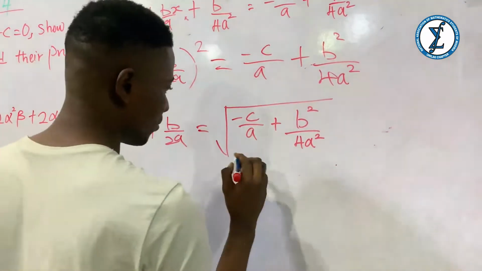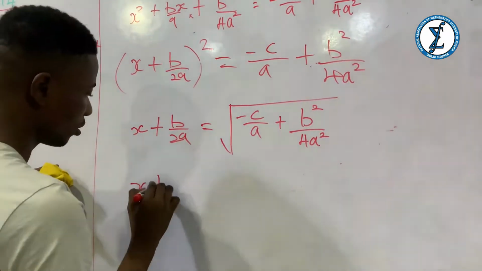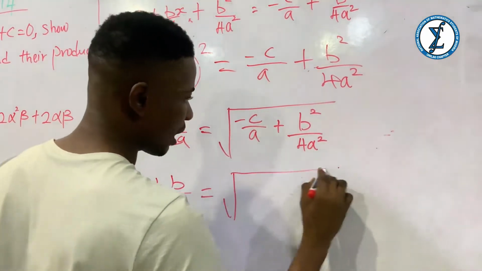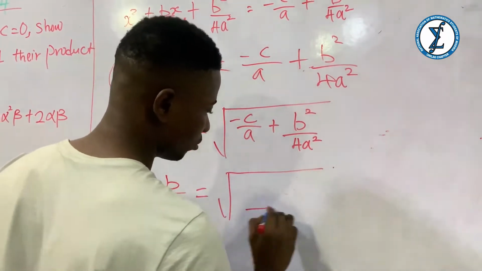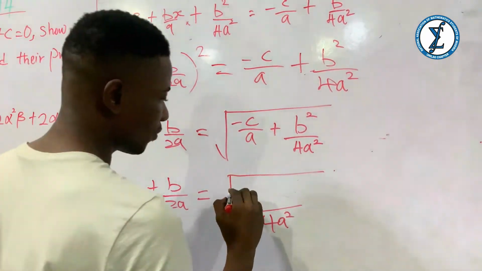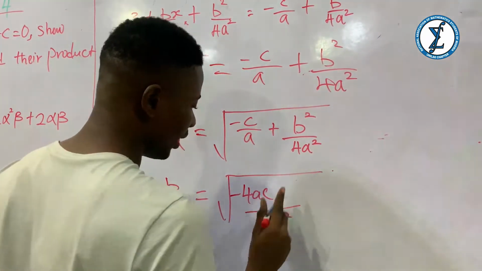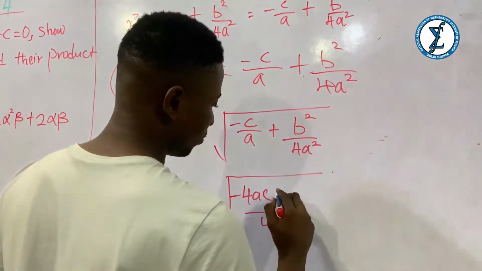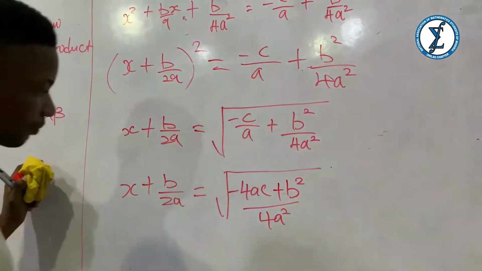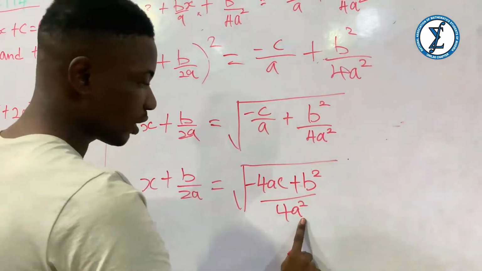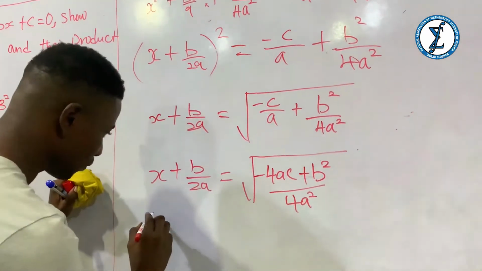If I find the LCM of this, I'll have what now? 4a squared, and this will give me minus 4ac, okay? And this will give me plus b squared. Now, the square root of 4 is what? 2. The square root of a squared is what? a.